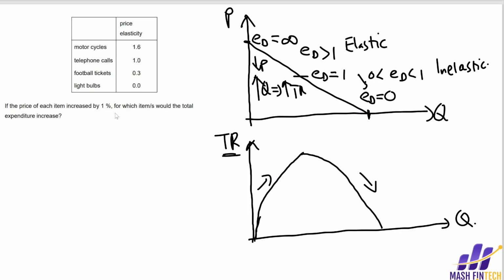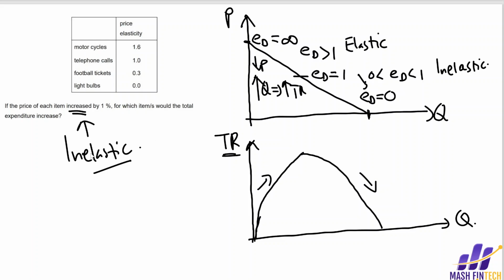If the price is increased by 1%, increasing a price will only increase the total revenue if the products are inelastic in demand. And remember, products are inelastic in demand if the price elasticity of demand is between 0 and 1.